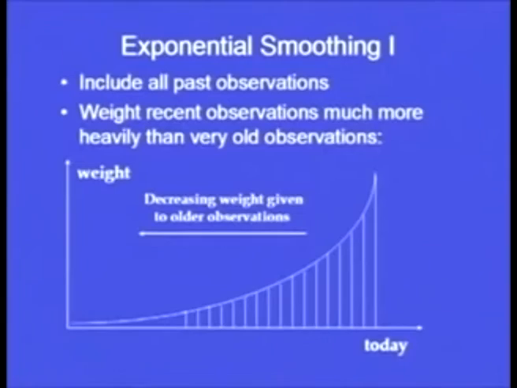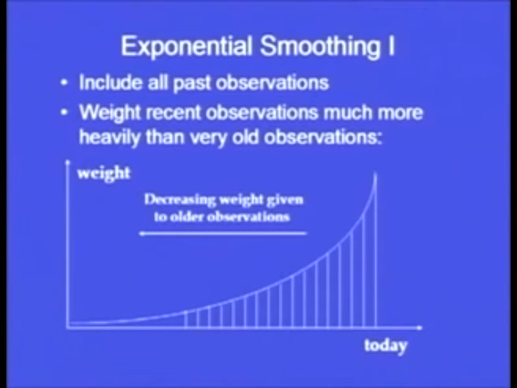Now we come on to another important type of forecasting method which is called the exponential smoothing method. In exponential smoothing method, we include all the past observations, weighting recent observations much more heavily than very old observations. In previous weighted moving average also, we assigned weights to some of the observations which were very near to the month which we are planning to forecast.